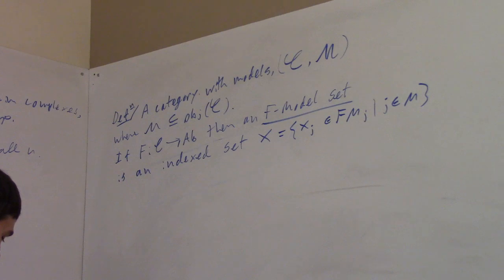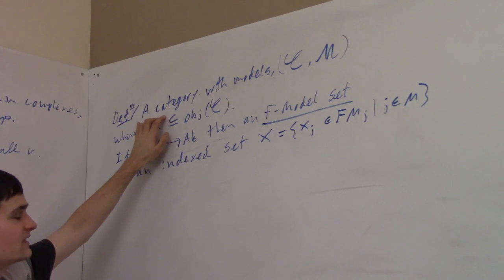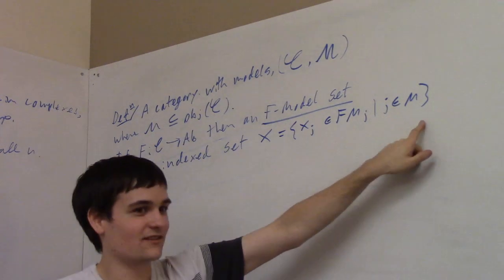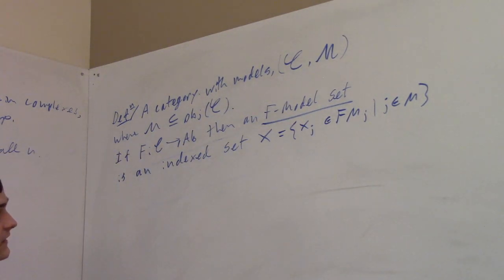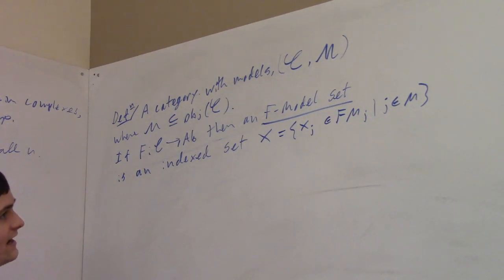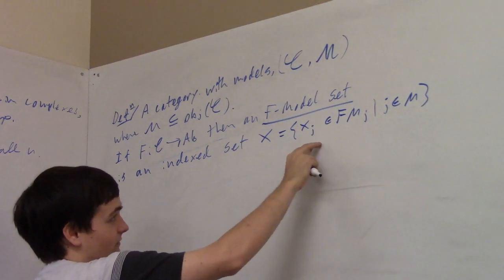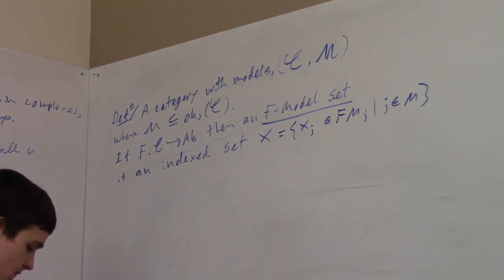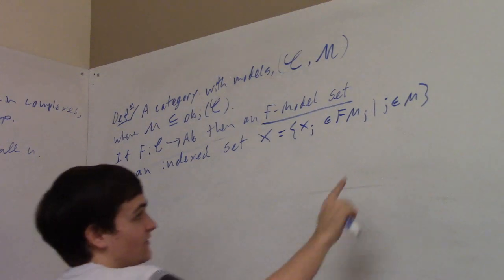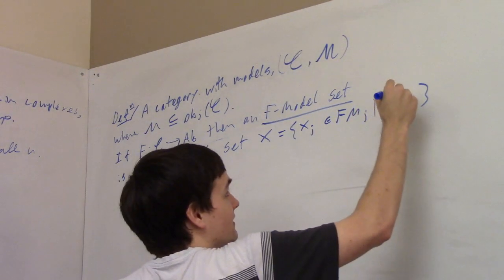Oh, that's interesting. So I guess they're kind of assuming here implicitly that this is a concrete category, so the objects are actually sets, because otherwise this definition doesn't really make sense. But this M sub j is just an index of all the models, and this is an element of the functor applied to each of those. And the definition says j is an element of capital J, an indexing set. Yeah, that wouldn't make sense otherwise.